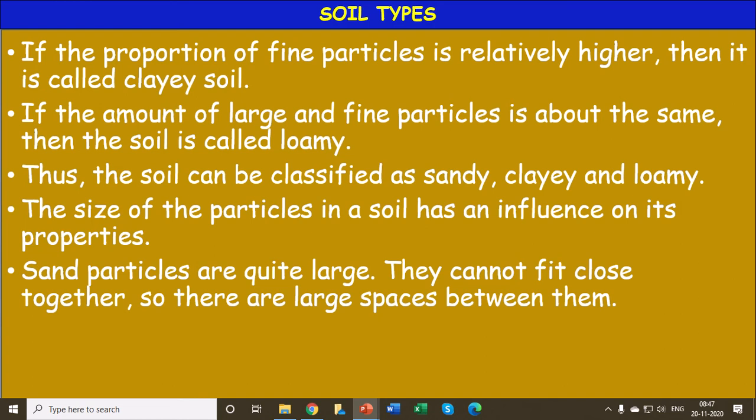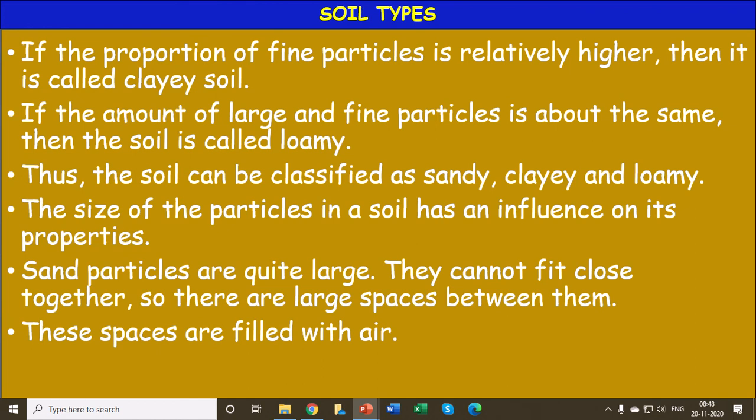They cannot fit close together, so there are large spaces between them. Okay. In the properties of soil, large intercellular spaces are present in the soil with sand particles because they are large in size.